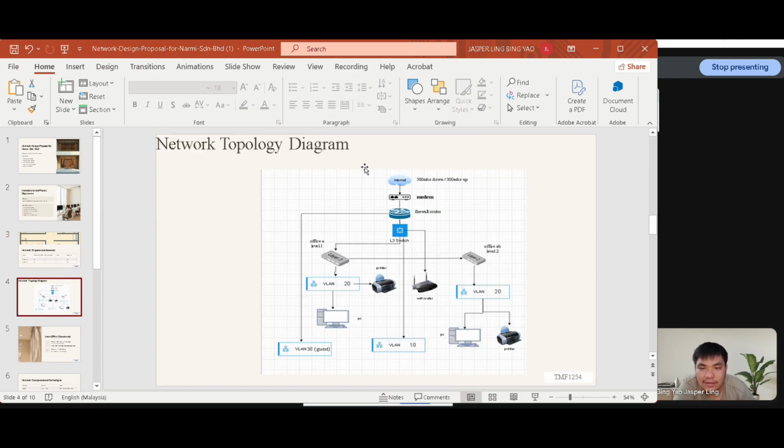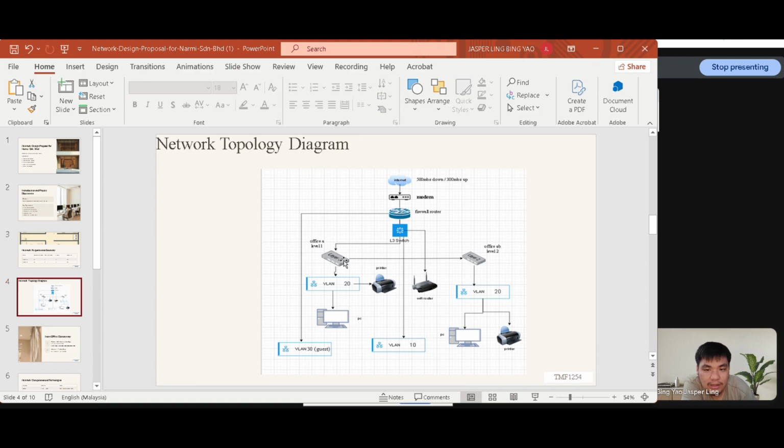This is the network topology diagram. The internet is connected to the modem, and the modem is connected to a firewall router. The firewall router is connected to the PLN. The T is for the guest. And the firewall also connects to the level 3 switch that is connected to Office A, that is level 1, and Office B, level 2.